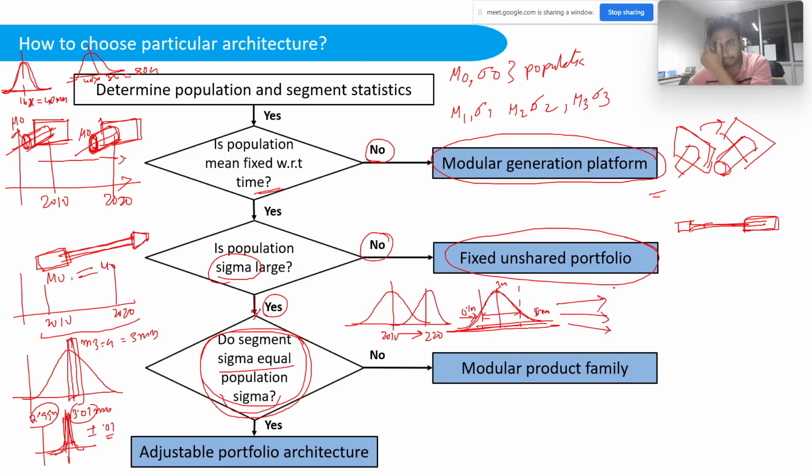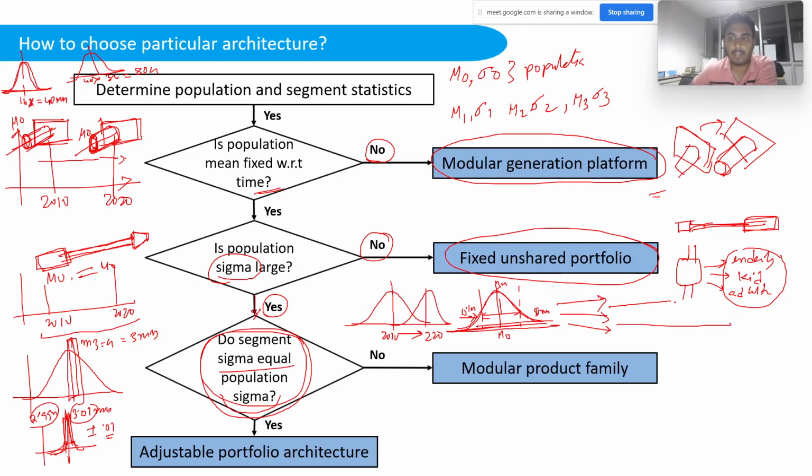For example, in the watch example I gave, I told you there can be three different segments: elderly, kid, and adult male. For the population, we considered all their data to capture the mean. But now we need to check individually the segment-wise mean and variance.